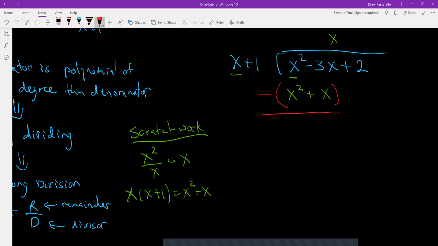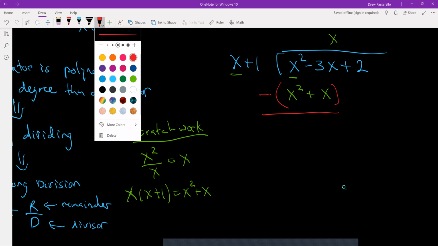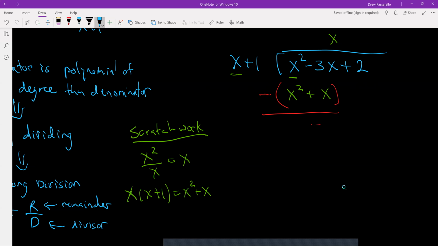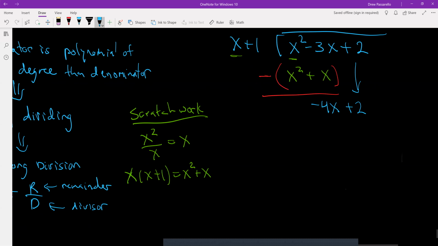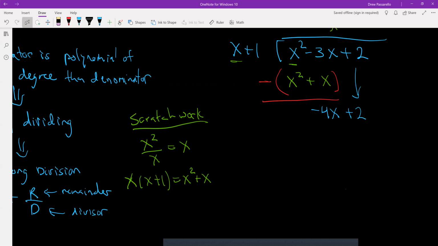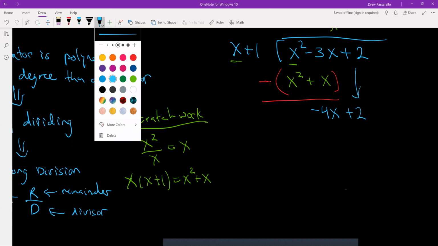The x squared subtracts out, then you have negative 3x. Then got to keep in mind we have this minus sign, so the negative 3x minus x is negative 4x. And then I would drop down the 2. And then I do this process over again. I take the leading term of this result divided by the leading term of x plus 1. I take negative 4x divided by x, which will give you negative 4.